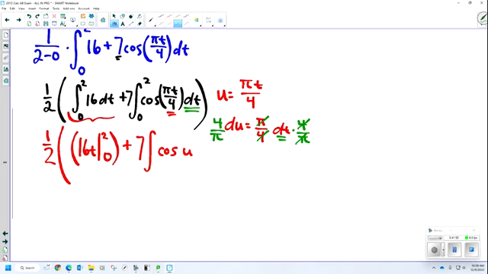So in for dt is going to be du, but my 4 over pi is a constant, so I'm going to put that on the outside as well. Let's rewrite this. We have 7 times 4 over pi.